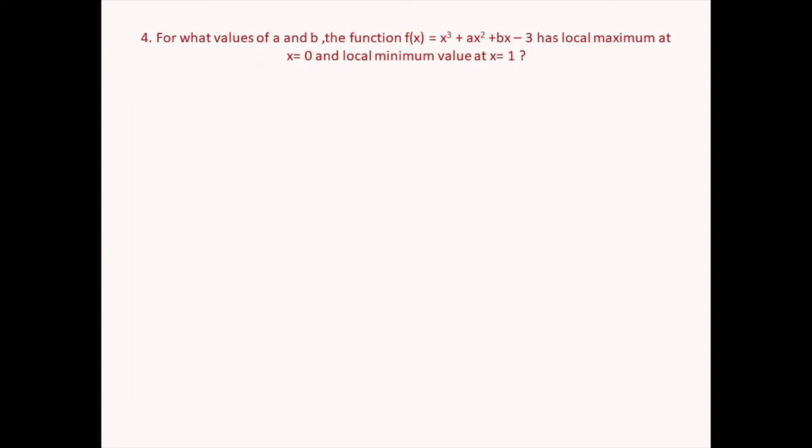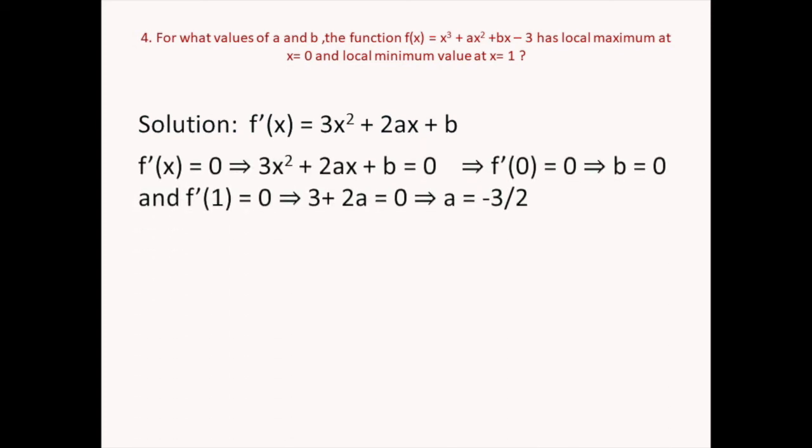The next question which I am picking up is the last question from that exercise, that is the 4th one. It says that you have to decide the values of a and b when the function is given to you as x cube plus ax square plus bx minus 3, having the local maxima at x equal to 0 and local minima at x equal to 1.